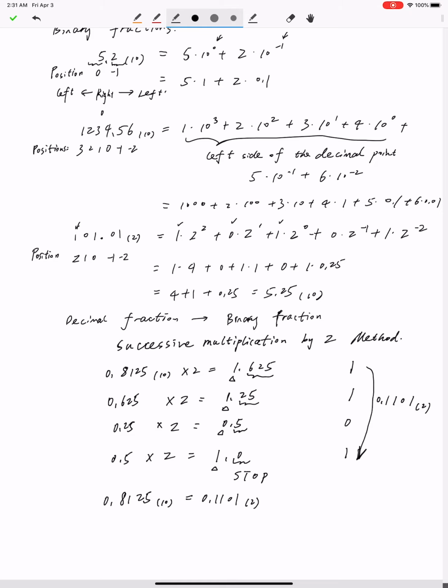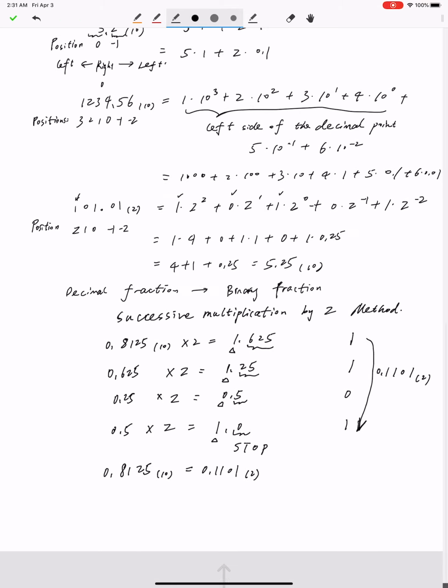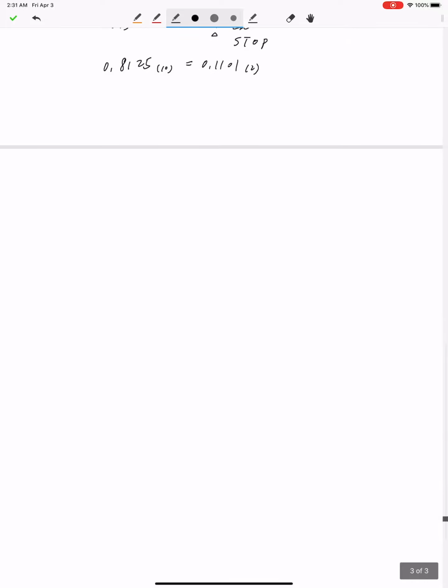Alright, then some people may ask, what about if I have a number, for instance 12.75, and I want to find what is the binary representation of this number? So this number contains both an integer part and a fraction part.